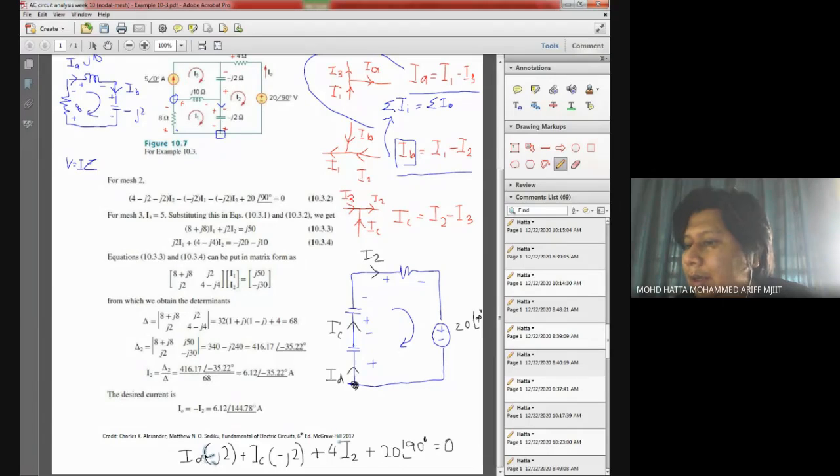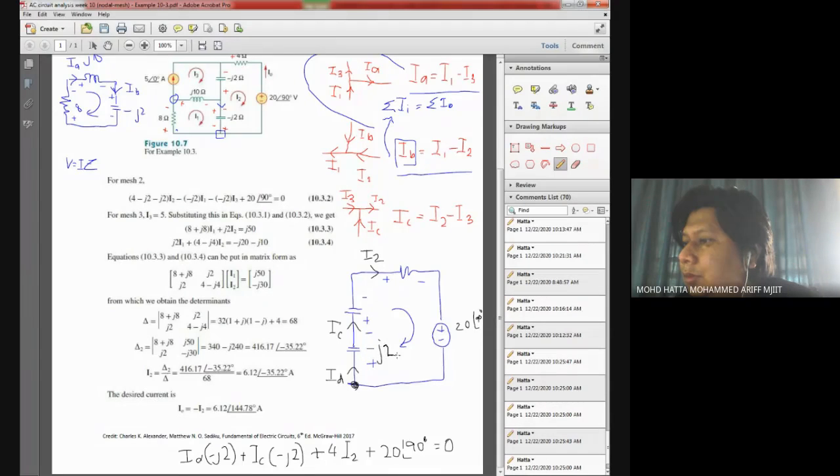I have this equation based on this loop, where ID times j, this is negative j2, this is also negative j2.